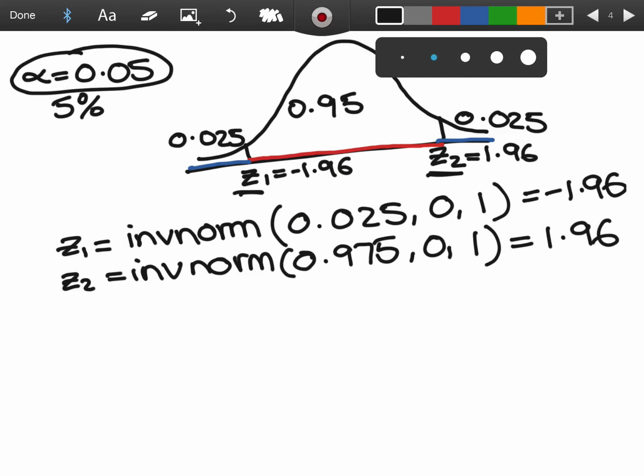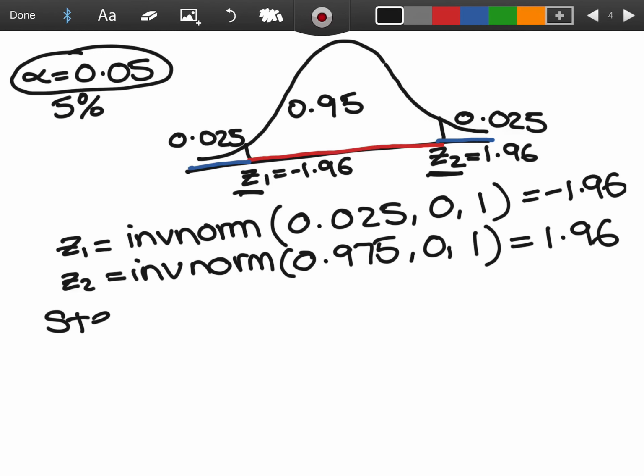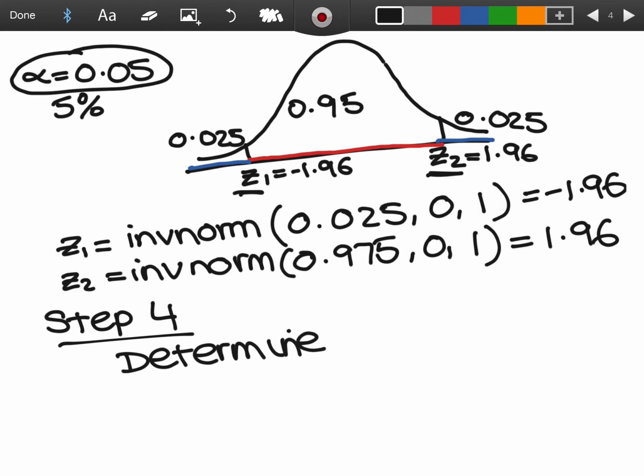Now the names of these Z1 and Z2 values is actually critical value. That's what we tend to call them. And this is actually our next step in our process. So this is step 4, what we've done here, which is to determine the critical values or value. If you've got a one-sided or one-tailed test, whether it be left-tailed or right-tailed, you're only going to have one Z value, as we'll see in a second.